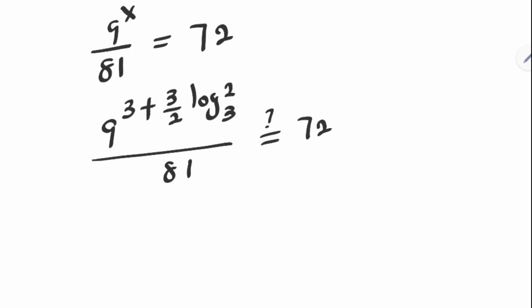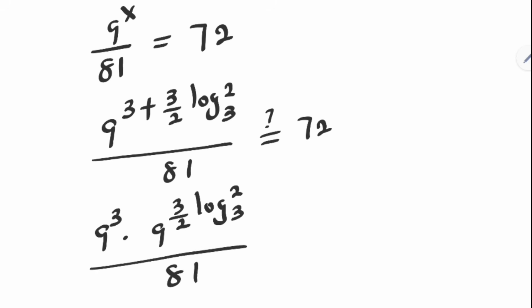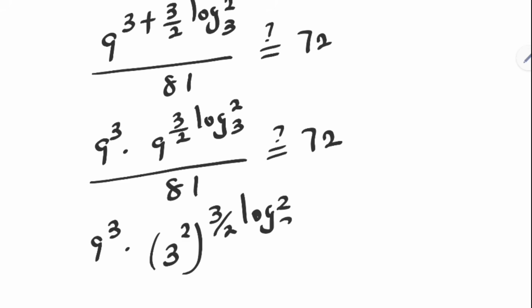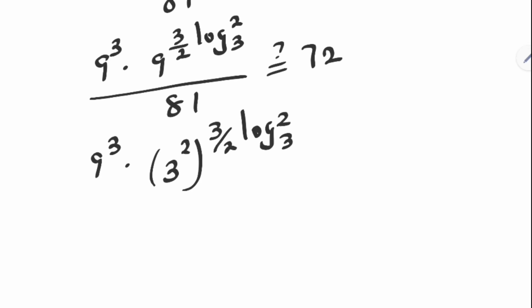Then this is the same thing as 9 raised to power 3 multiplied by 9 raised to power 3 over 2 log 2 base 3, divided by 81 must be equal to 72. 9 raised to power 3 multiplied by, this is 3 square to the power of 3 over 2 log 2 base 3, divided by 81 must be equal to 72.